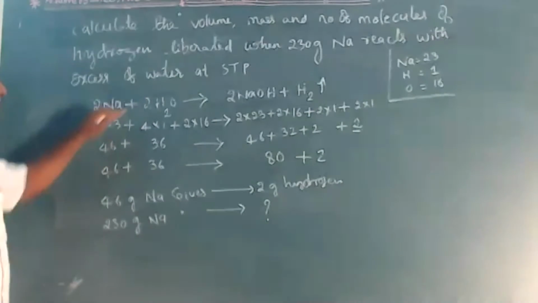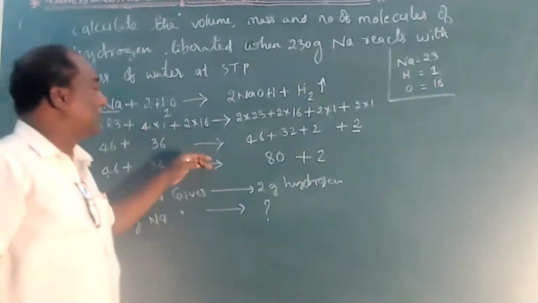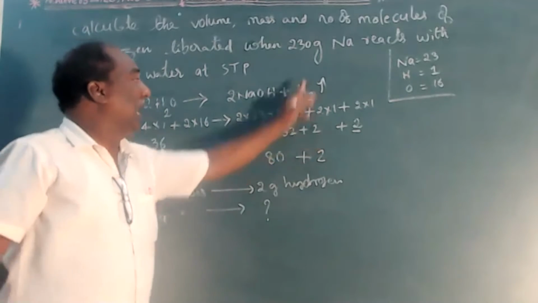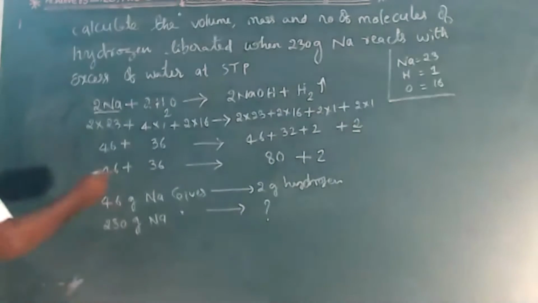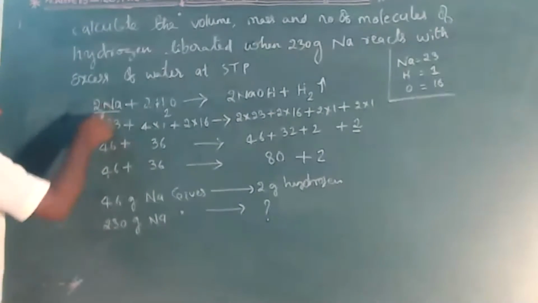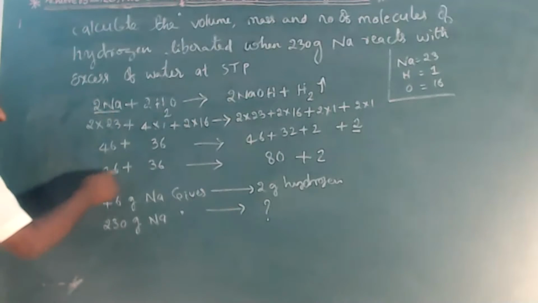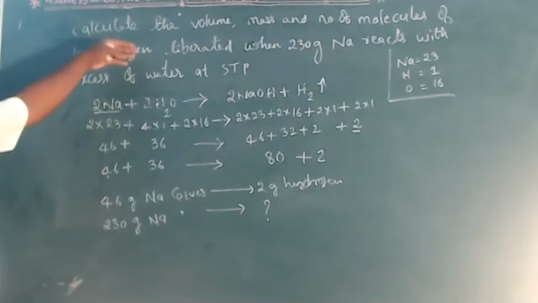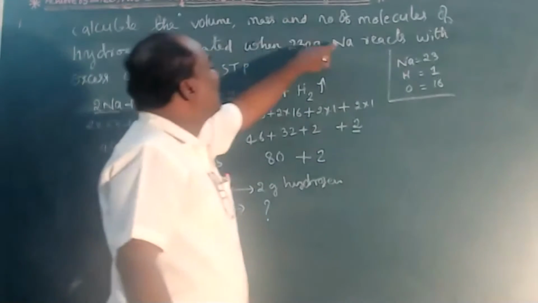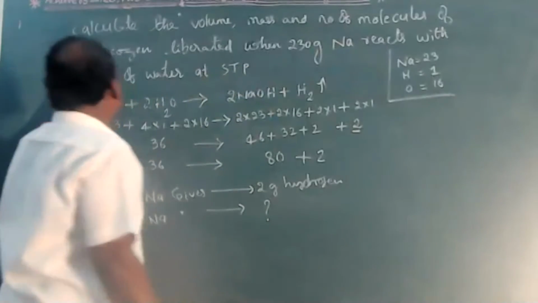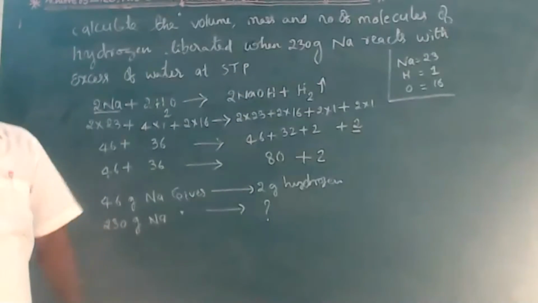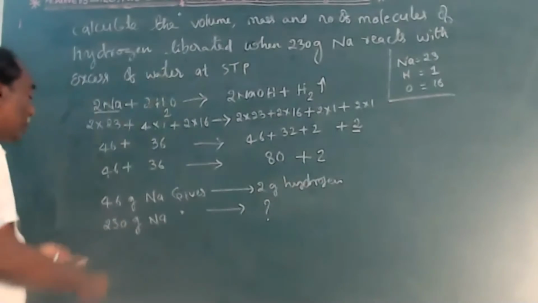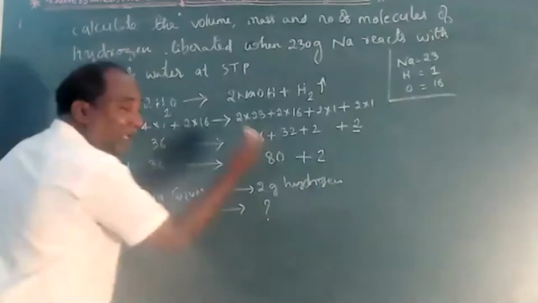So 46 plus 36 gives rise to 46 plus 32 plus 2 and plus 2. According to this, 46 grams of sodium liberates 2 grams of hydrogen. But the problem says, children, when 230 grams of sodium reacts with excess of water, how much hydrogen is liberated?